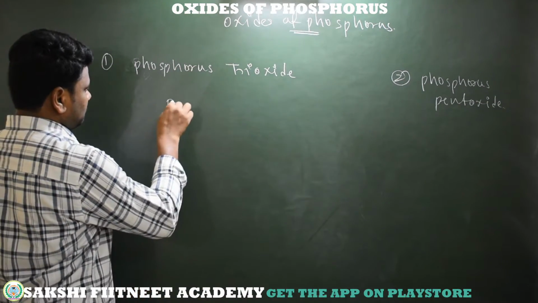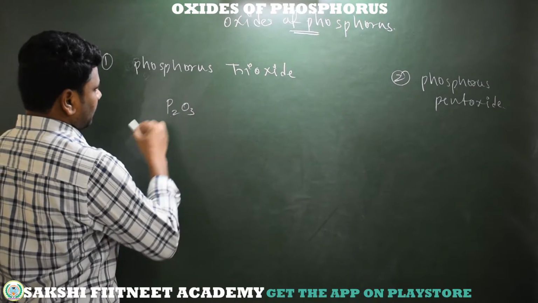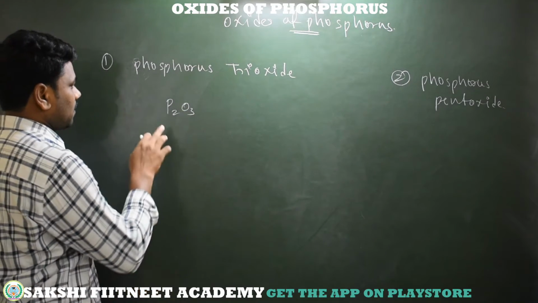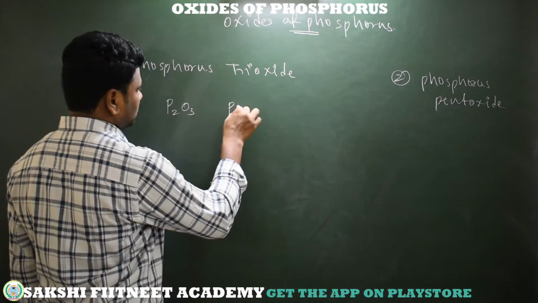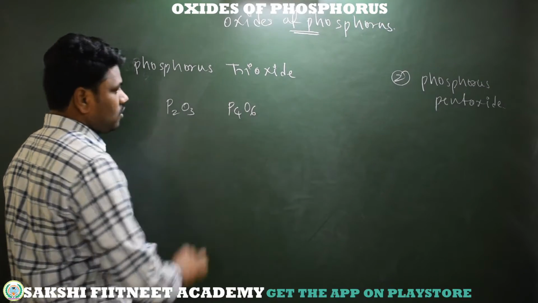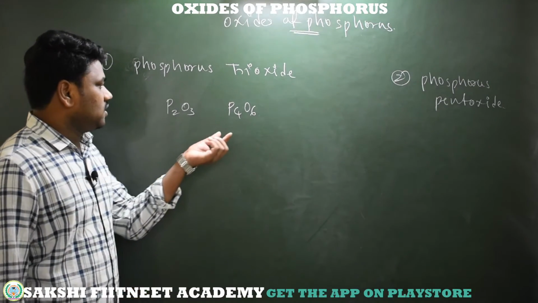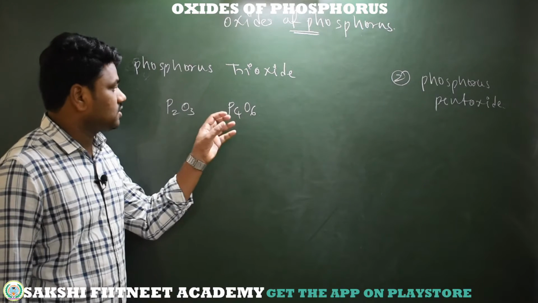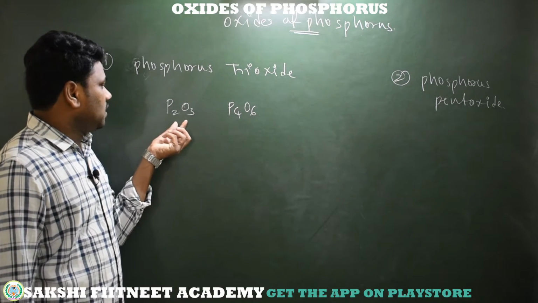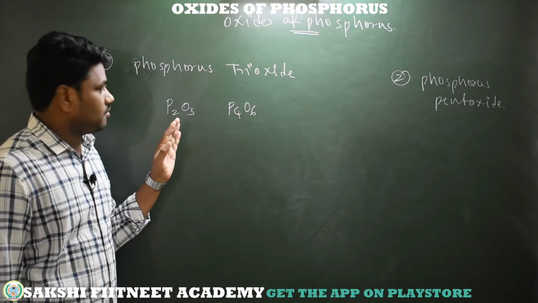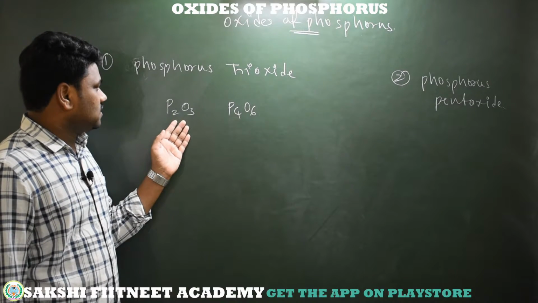Actually P2O3 is the phosphorus trioxide formula, but it exists as P4O6. See here, this is not a dimer structure. P2O3 is not possible to exist as a structure.